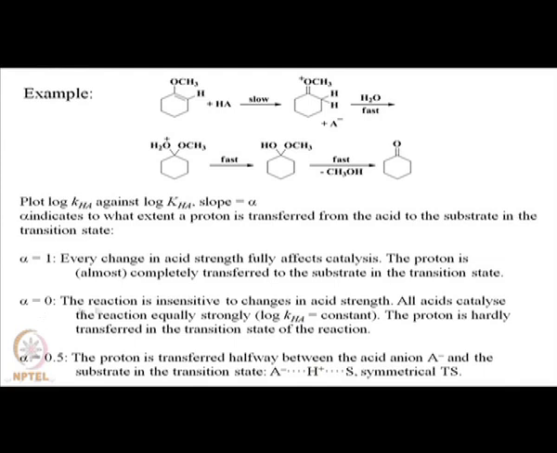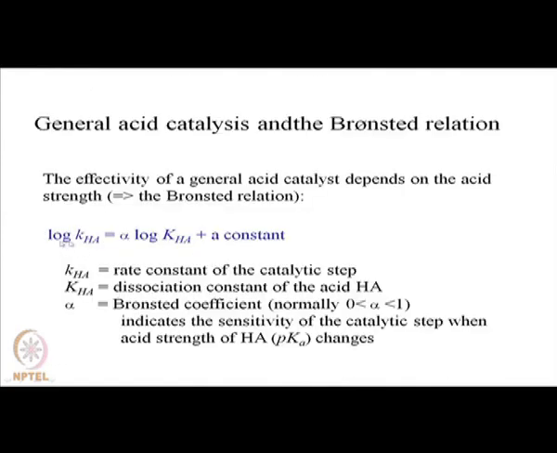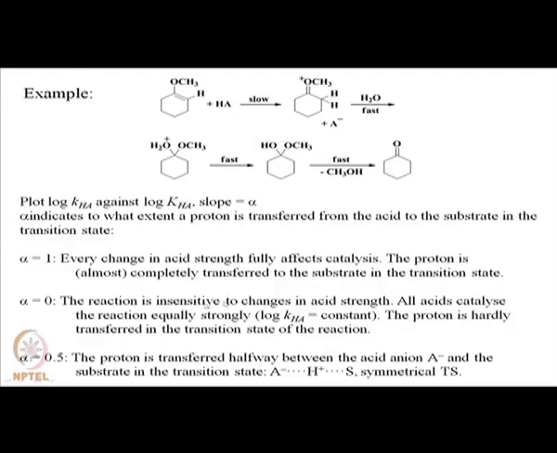Alpha equal to 0 means the reaction is insensitive to changes in acid strength. Alpha equal to 0 means log KHA is just constant. So, all acids catalyze the reaction equally strongly. That means there is no difference with respect to pK; any acid can do the reaction.